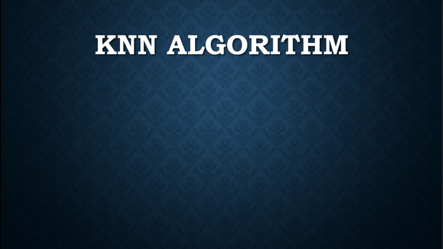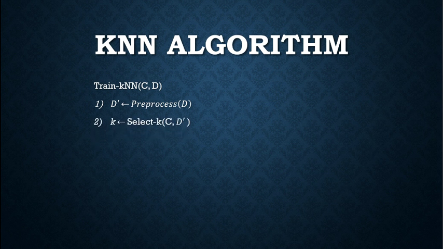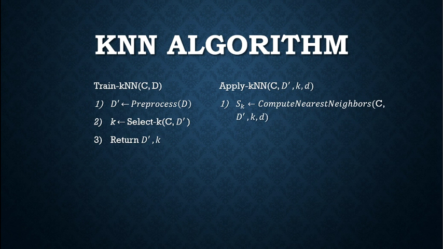Let's look at the k-nearest neighbor algorithm. It is easier to train than the Rocchio classification. First, we preprocess the documents and select the value for k. Then we have the training set and the value for k. To apply k-nearest neighbor, the first step is to select the nearest neighbors of a given document.